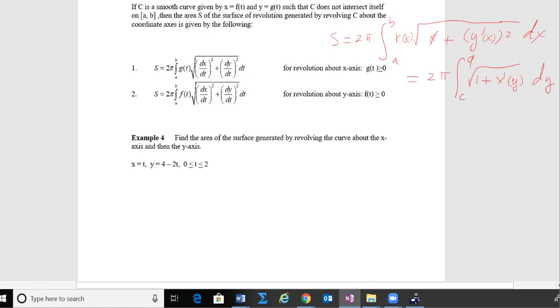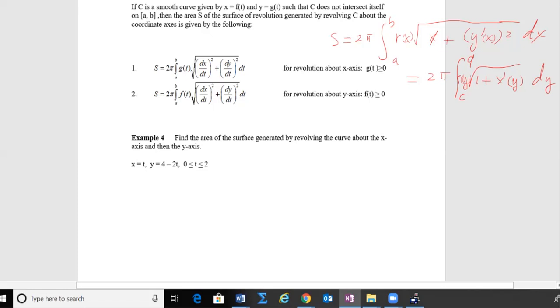And we had r of y in here. R of y, that was the radius, as a function of y this time. So we've got 2 separate formulas over here. Again, just a little bit of work manipulating this derivative, and you can easily work it into this formula here.